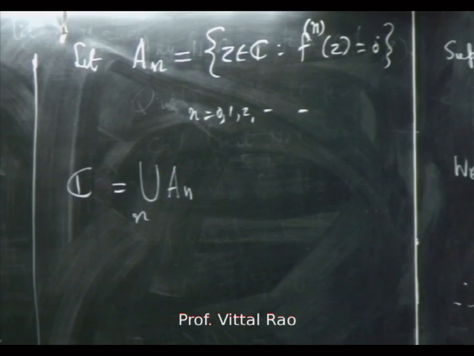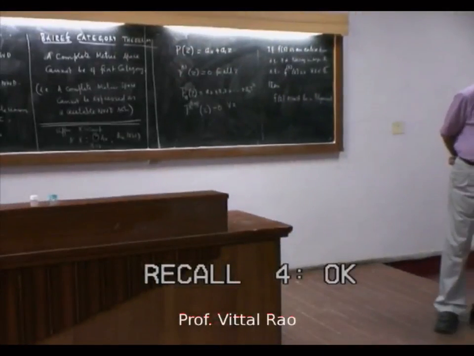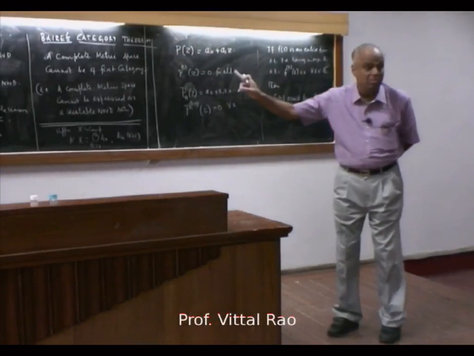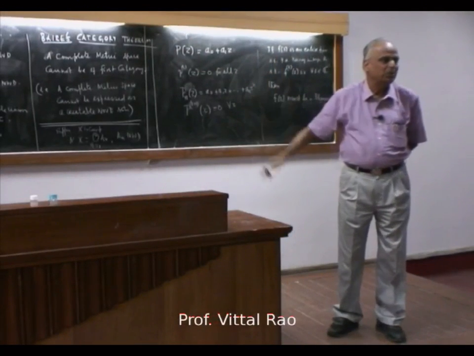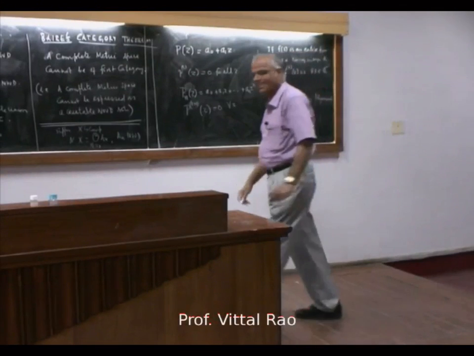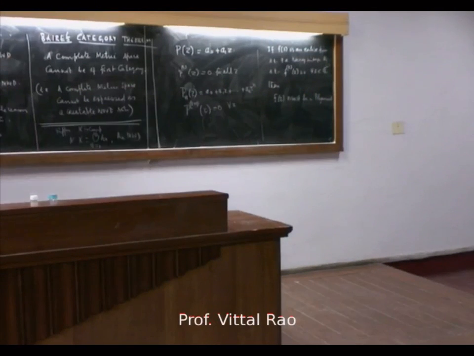Now C is a complete metric space. If it is a complete metric space, it cannot be expressed as a countable union of nowhere dense sets. So one of them must be not nowhere dense. So C is complete.